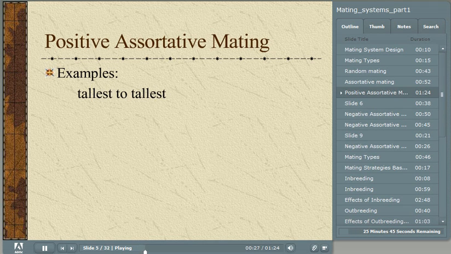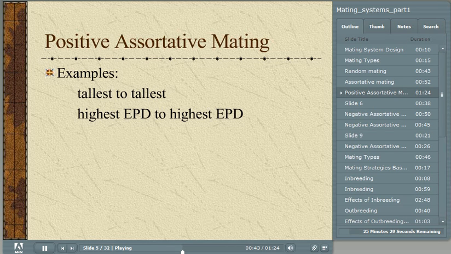Or if you're looking to increase the height of your horses, the same type of thing, the tallest to the tallest, the best to the best. Or you might say, we're going to take the bull with the highest yearling weight EPD and mate it to that proportion of cows in my herd with the highest yearling weight EPD.